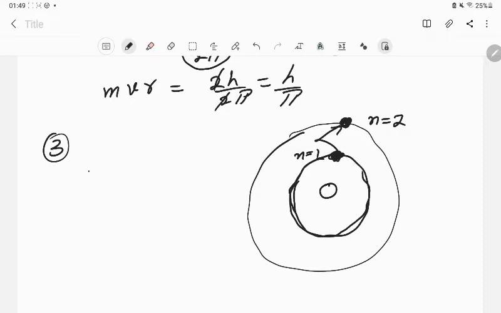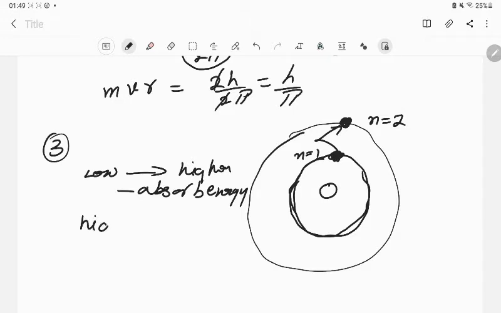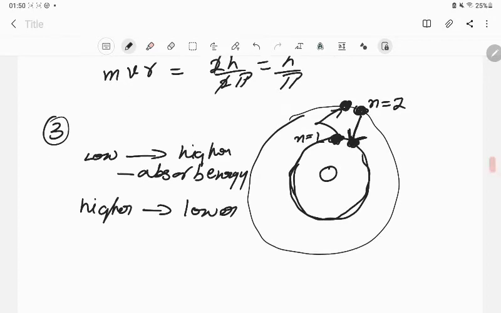When it moves from a lower energy level to a higher one, it will absorb energy, and when it moves from higher to lower, the electron must reduce its energy so that it can move to the lower energy level.